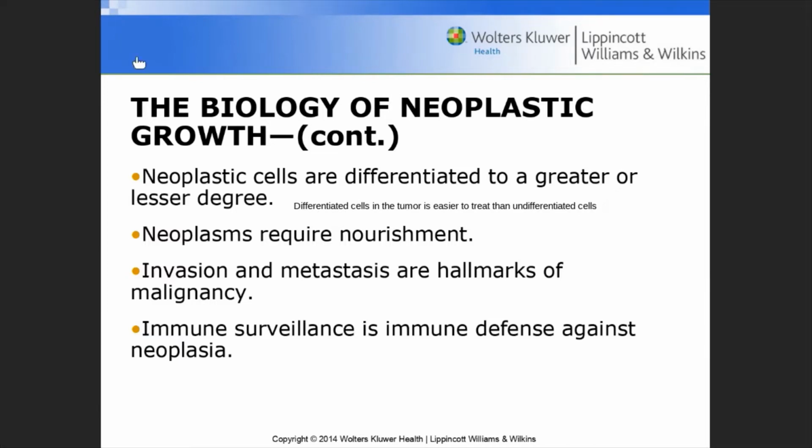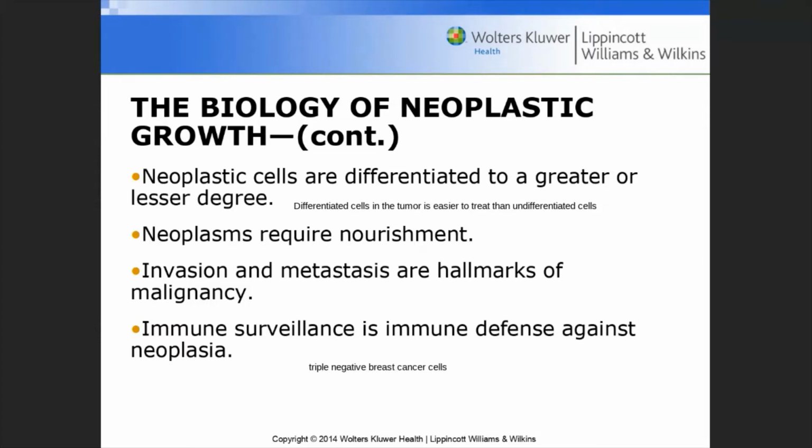Here's an example. One of the problems of treating breast cancer now is that there are breast cancer cells we call triple negative. Triple negative breast cancer cell.